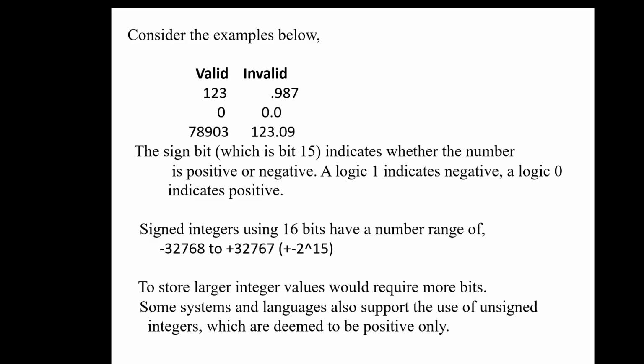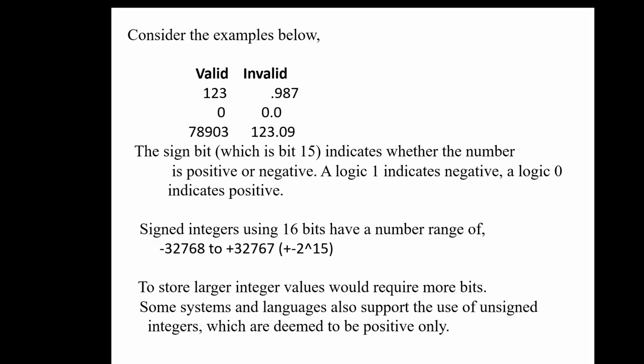For example, the numbers below differentiate between integers and non-integers. 123 is a valid integer, 0.987 is not. 0 is a valid integer, but 0.0 is not. 78,903 is also a valid integer, but 123.09 is not an integer.